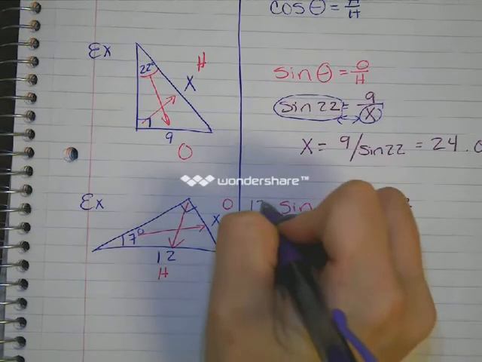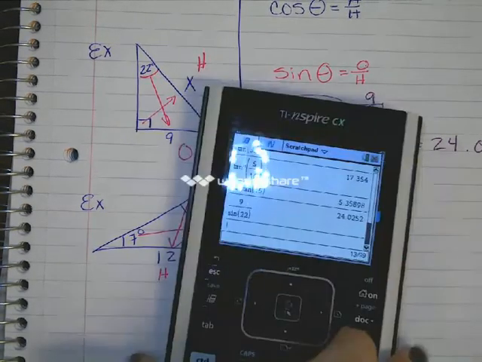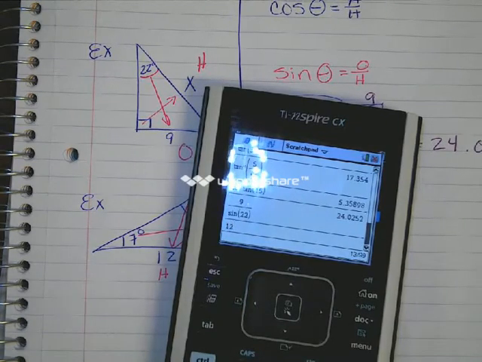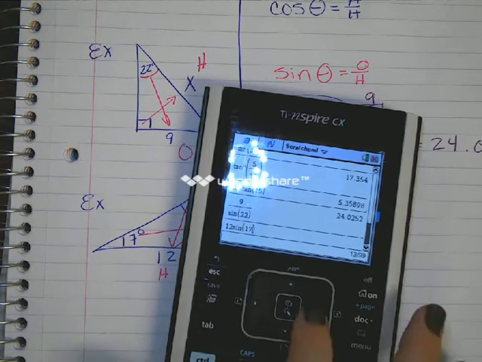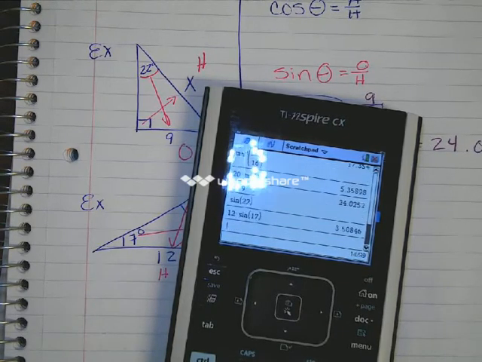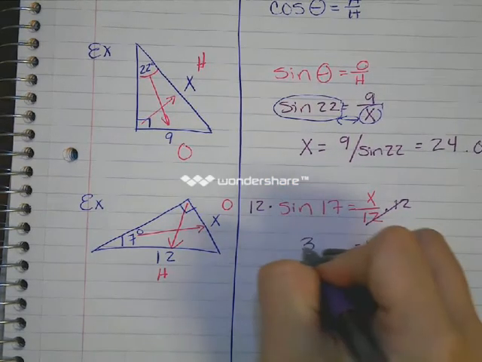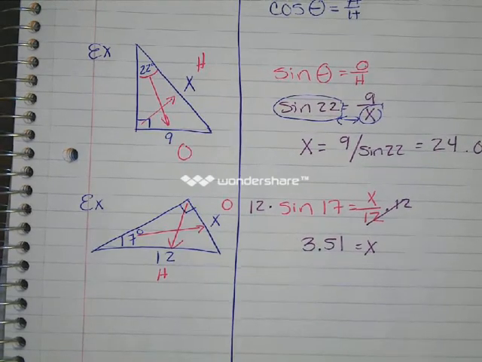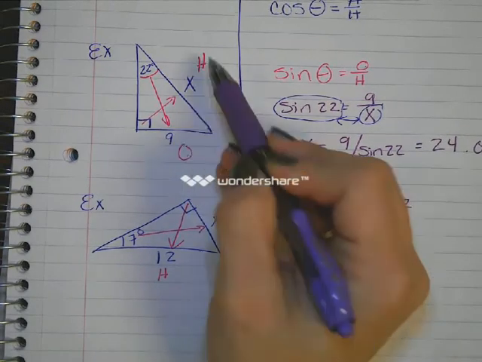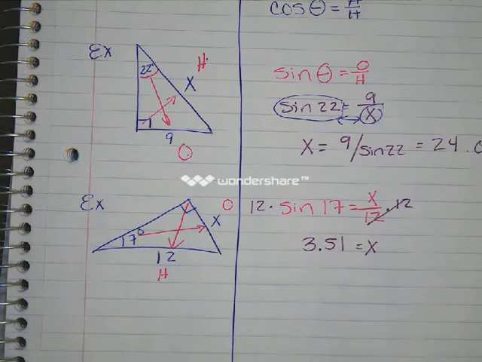So x equals 12 times sine of 17, which is 3.51. So that's the sine formula. It works exactly like the tangent formula, except you use it when you have the O and the H instead of the O and the A. Alright, let's look at some cosine examples.